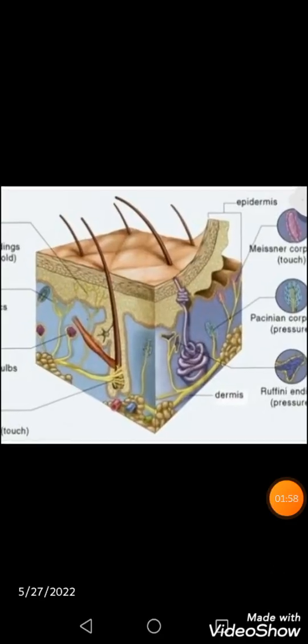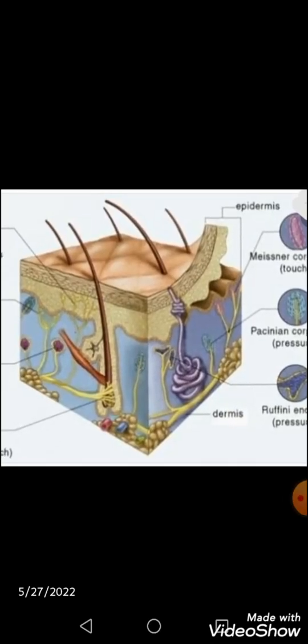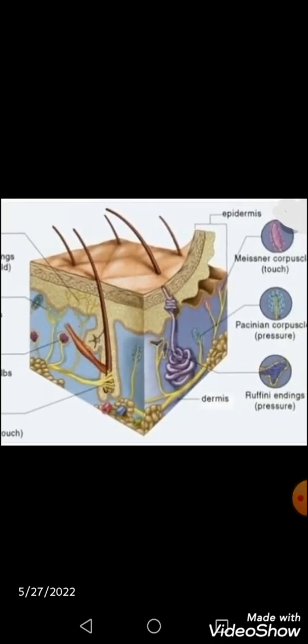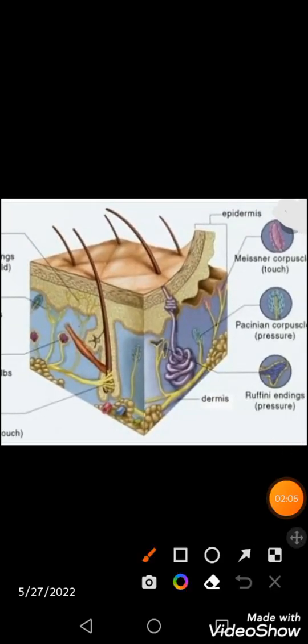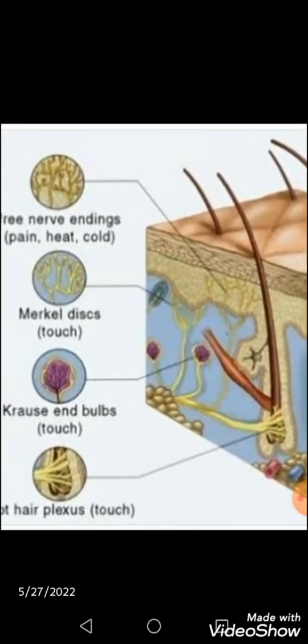Now in this picture you can very well see the skin, the epidermis and the dermis. Now let me show you the various receptors, the Pacinian corpuscles, meant for touch. Very fine touch is there, right? Now in the picture let me show you the Merkel's discs.